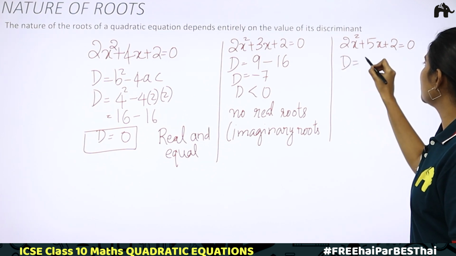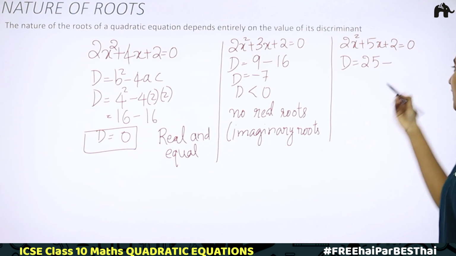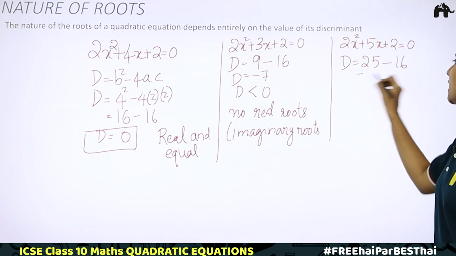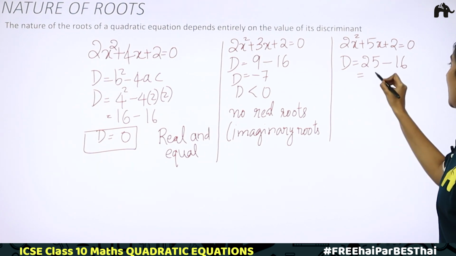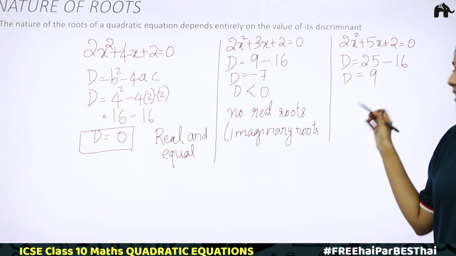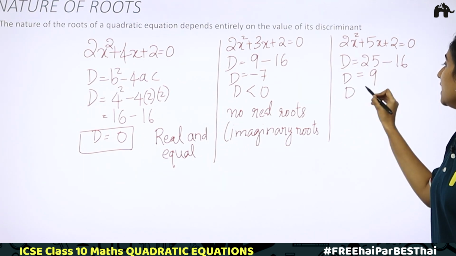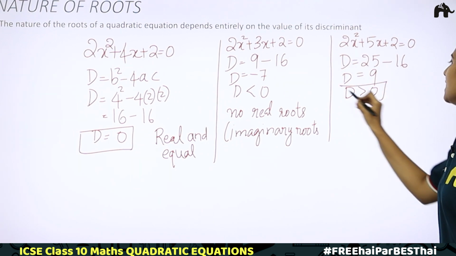Discriminant is equal to b square, 5 square, that is 25, minus 4ac. 4ac is 16. 25 minus 16 is 9. The value of discriminant is equal to 9, which means the value of D is greater than 0. This is the third case.